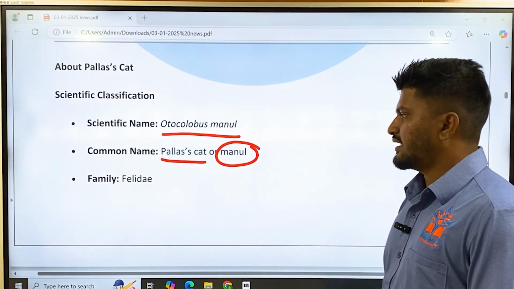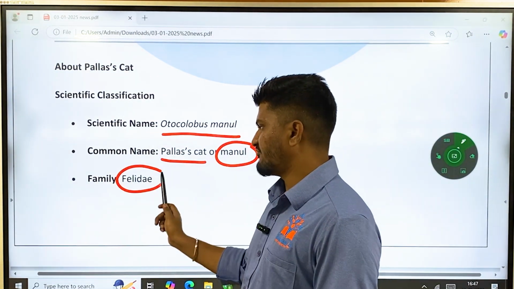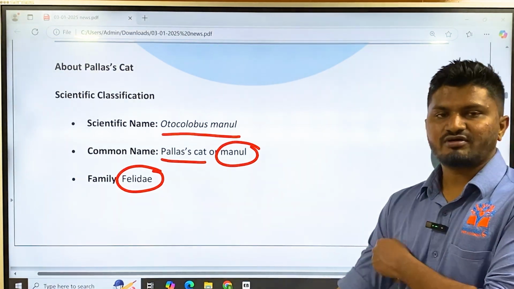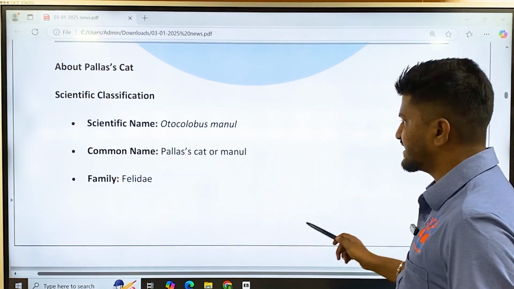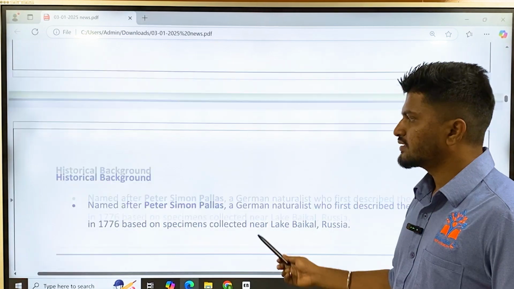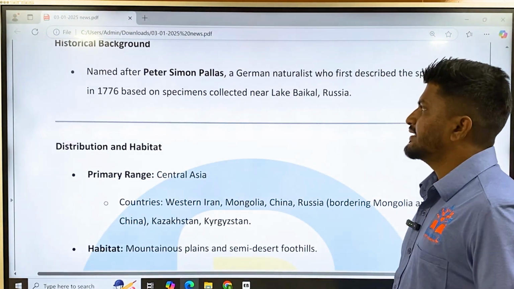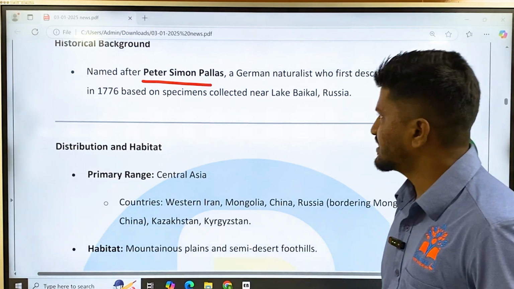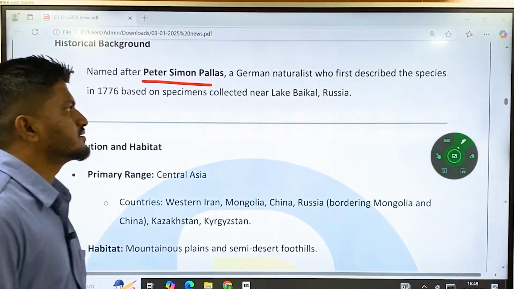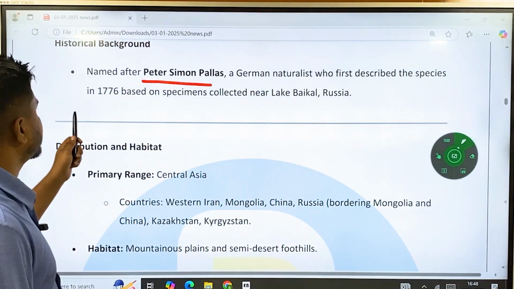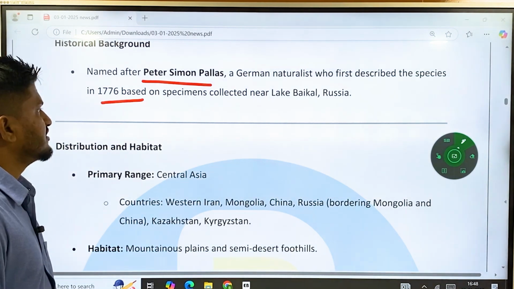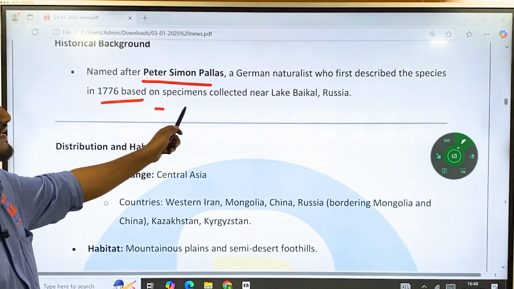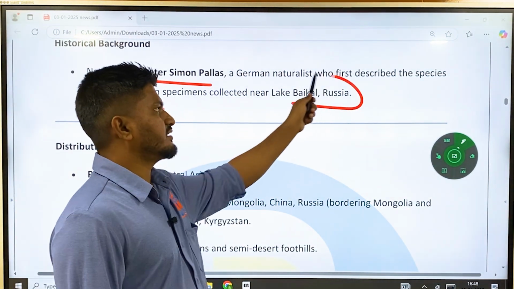In family, it belongs to the Felidae cat family, which is also the same family which includes house cats, fishing cats, etc. And the historical background: it is named after Peter Simon Pallas, a German naturalist who first described the species in 1776 based on specimens collected near Lake Baikal, Russia.